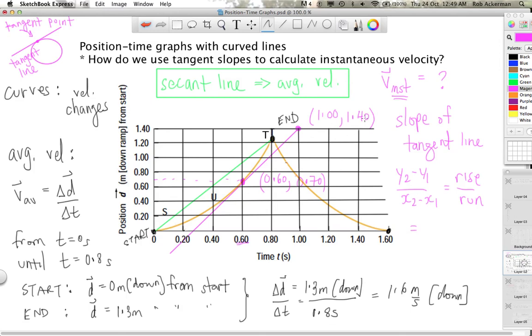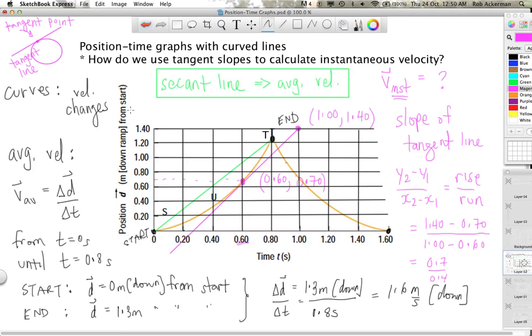What do we get here? My y2 value is 1.40. My y1 value is 0.70. My x2 value is 1.00. And my x1 value is 0.60. That gives me 0.7 over 0.4. What are the units?